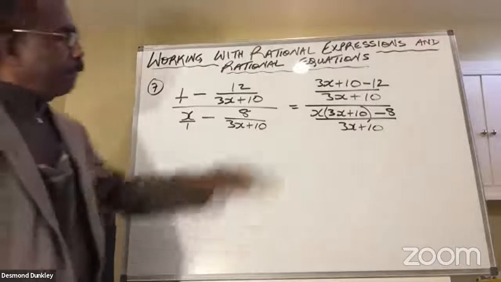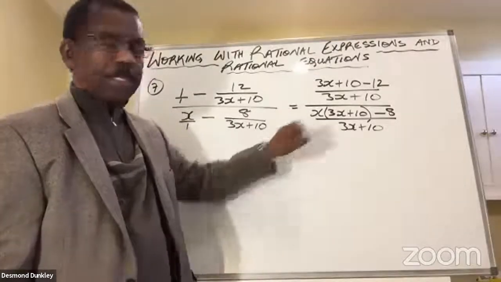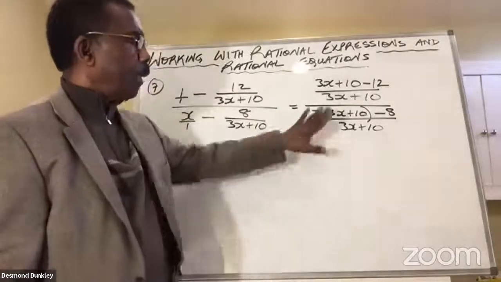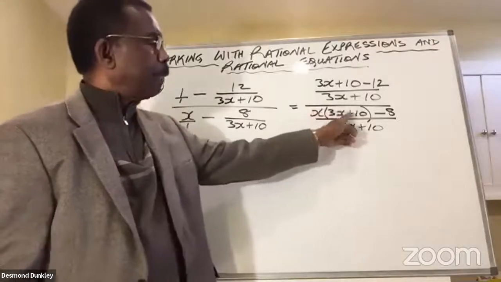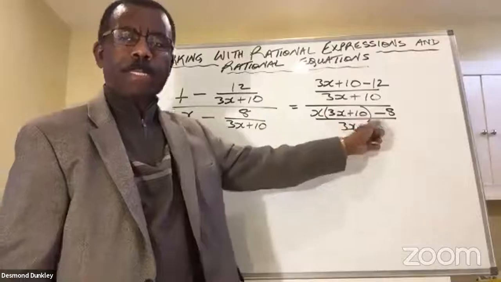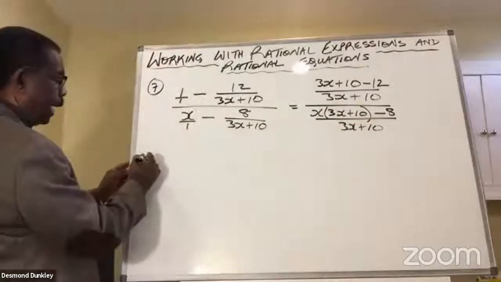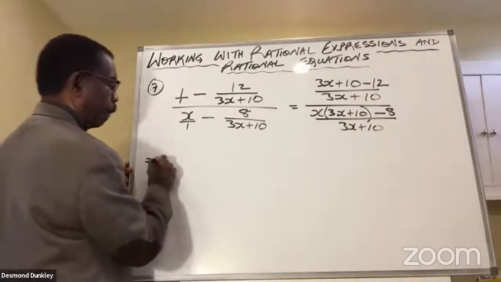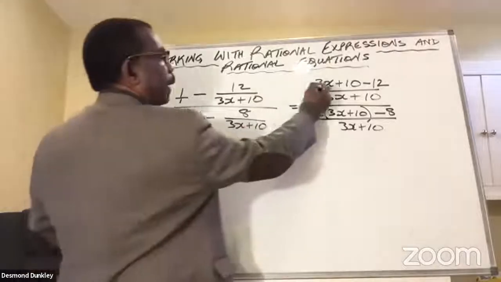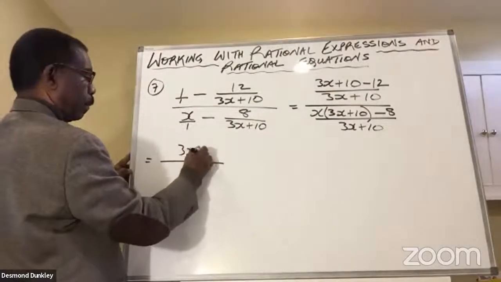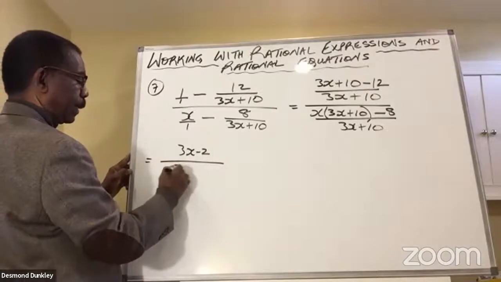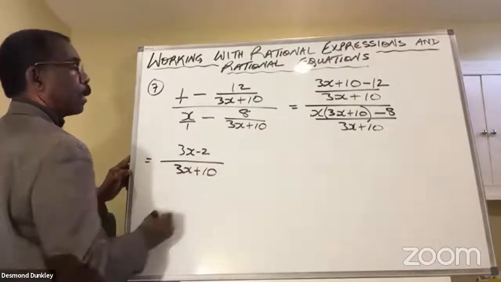So once again, we have a fraction divided by a fraction. What I'm going to do now is flip this, and while flipping it, I'm also going to expand the parentheses. The top becomes 3x minus 2 over 3x plus 10.